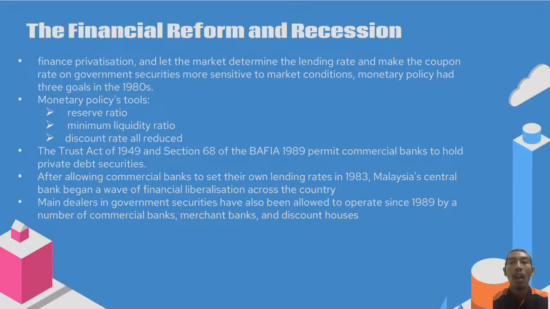The Trust Act of 1949 and Section 68 of the BAFIA 1989 permit commercial banks to hold private debt securities. After allowing commercial banks to set their own lending rate in 1983, Malaysia's Central Bank began a wave of financial liberalization across the country. Main dealers in government securities have also been allowed to operate since 1989 by a number of commercial banks, merchant banks, and discount houses.